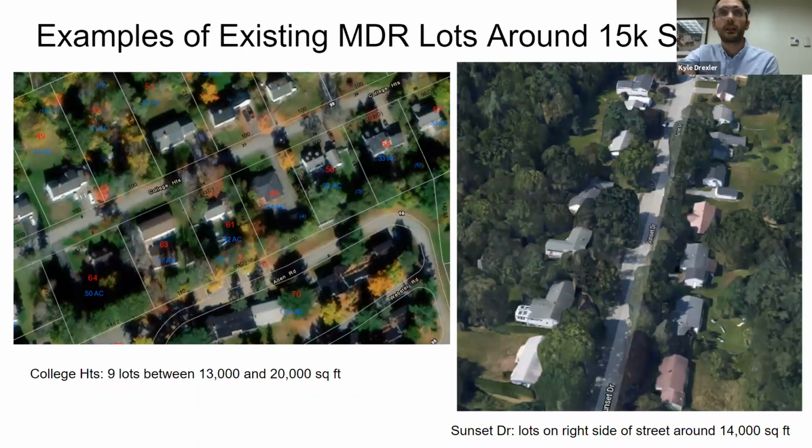So first, we'll talk about the examples of some lots that already meet that, in general, 15,000 square foot lot size. If you look at the left side here, we have College Heights, which is a street in the medium density residential district.